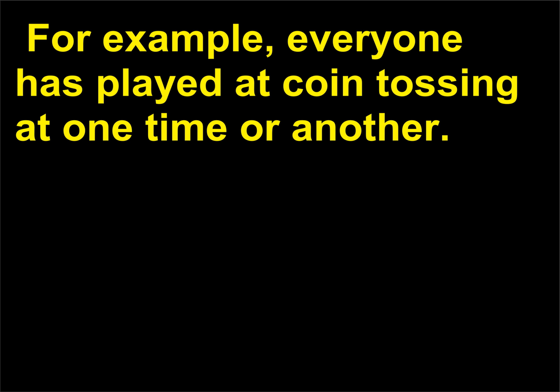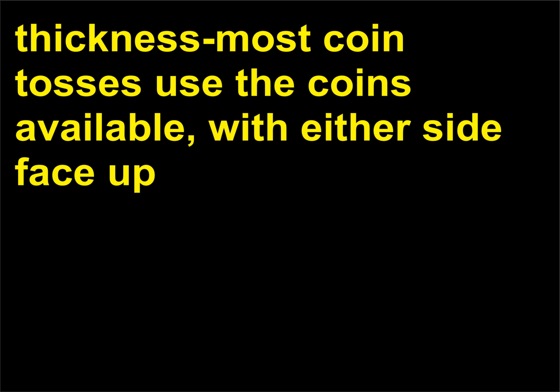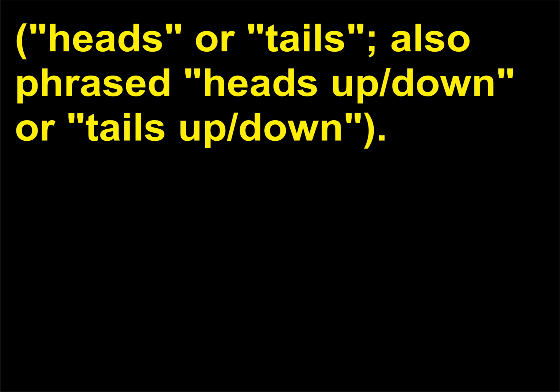For example, everyone has played at coin tossing at one time or another. Although there is no such thing as an idealized coin as a circular one of 0 thickness, most coin tosses use the coins available, with either side face up. Heads or tails, also phrased heads up/down or tails up/down.